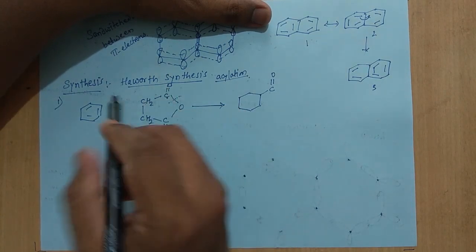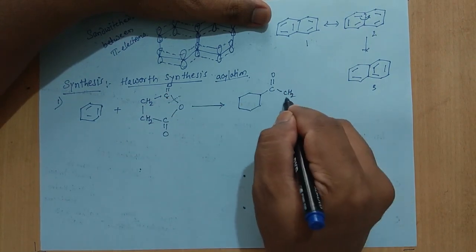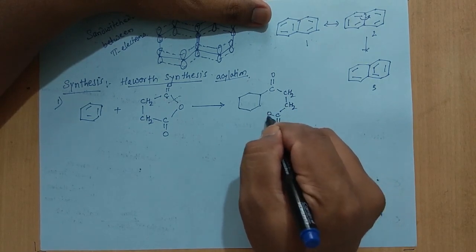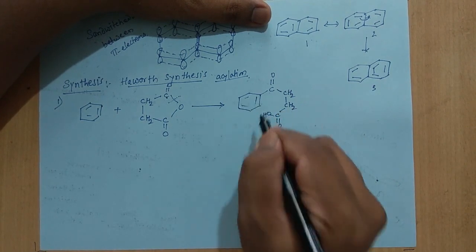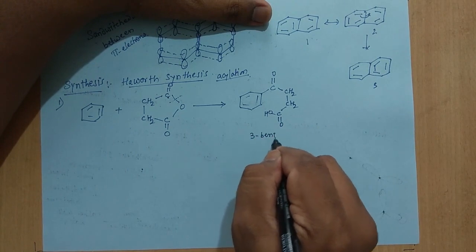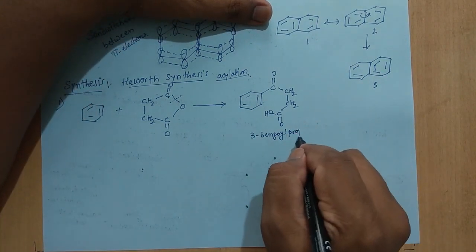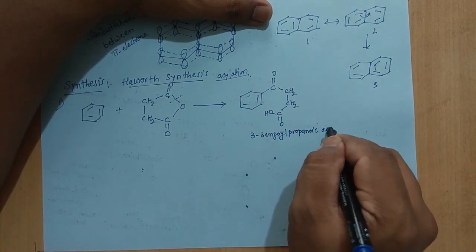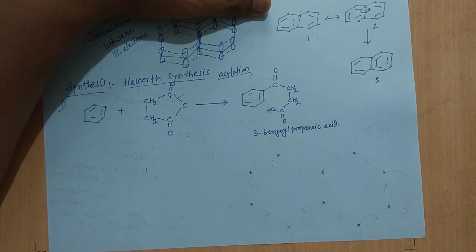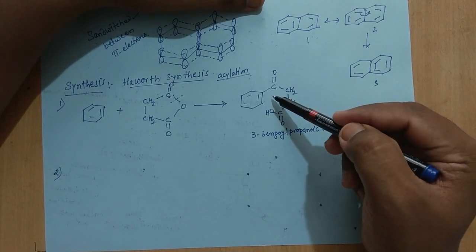This carbonyl group will attach to the ring, and the remaining entire structure will be as it is: CH2, CH2, C double bond O, OH. This is 3-benzoyl propanoic acid.